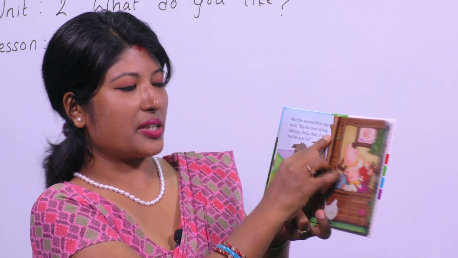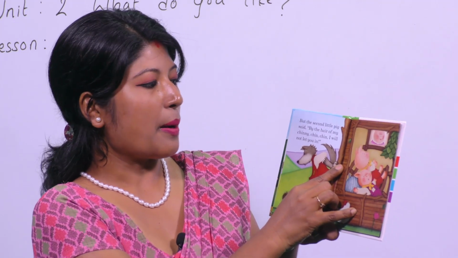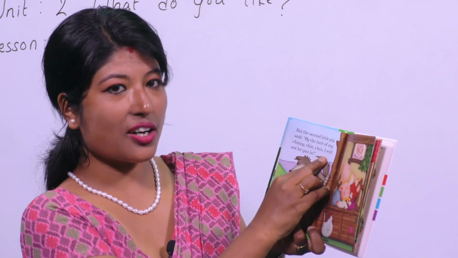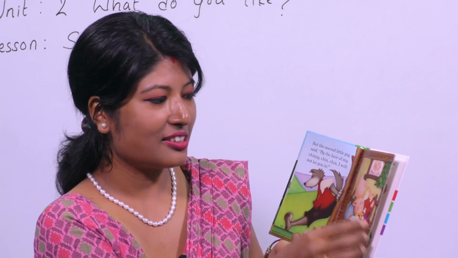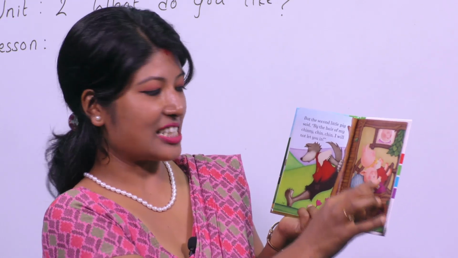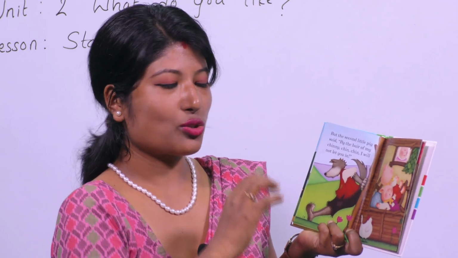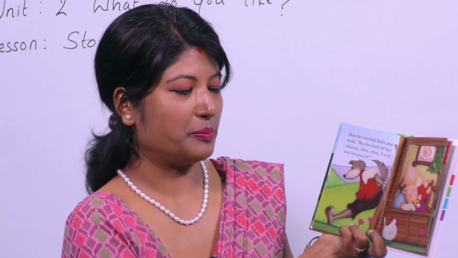But the second little pig said, "By the hair of my chinny chin chin, I will not let you in." So they were sitting inside, trying their best not to let the wolf in.